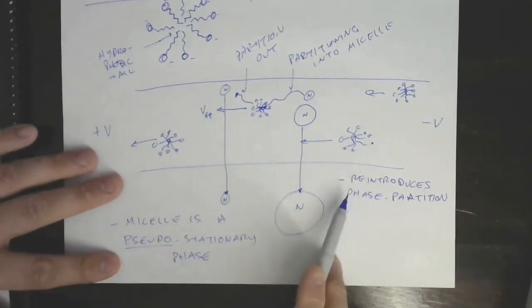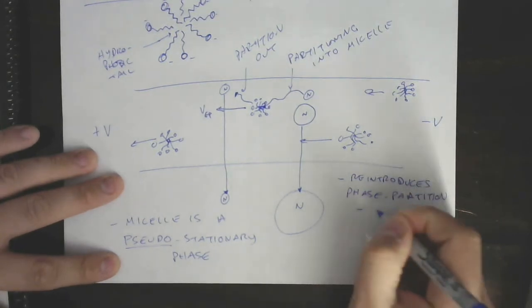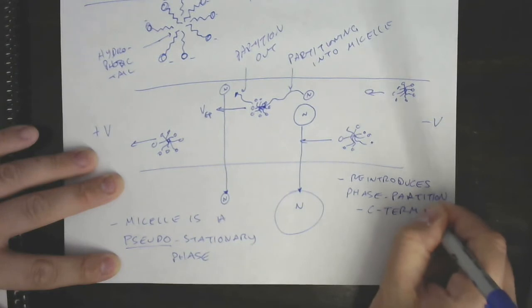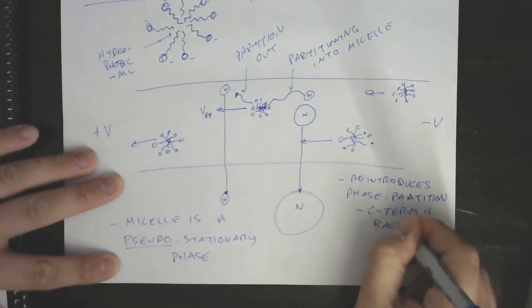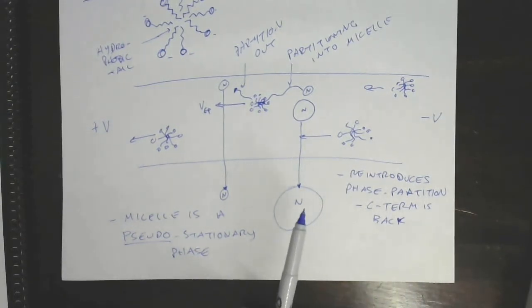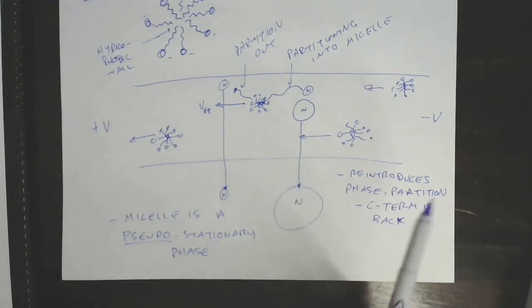In fact, we said it's one of the cool things about CE: there's no phase partitioning, and therefore there's no C term. This does have phase partitioning, and so the C term is back, my friends. So nothing comes for free. That's the price you're going to pay. You're going to get less efficient separations here, less efficient peaks, because we have a C term to consider again.